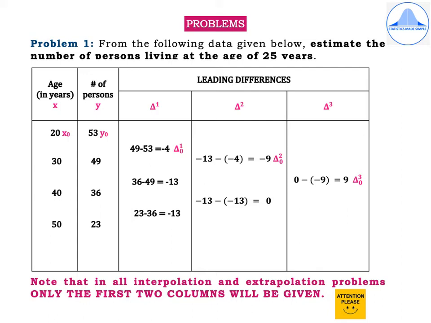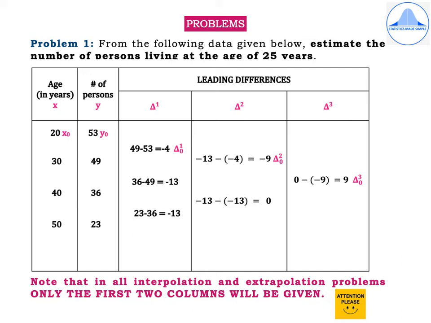Now we will find out the leading differences, that is delta to the power 1, delta square, and delta cubed. Now in the question, they have asked us to estimate the number of persons living at the age of 25 years. So 25 years is an X value which lies at the beginning of the table.